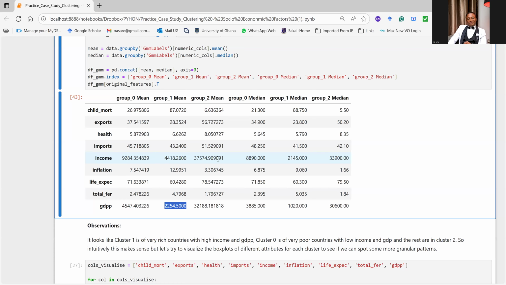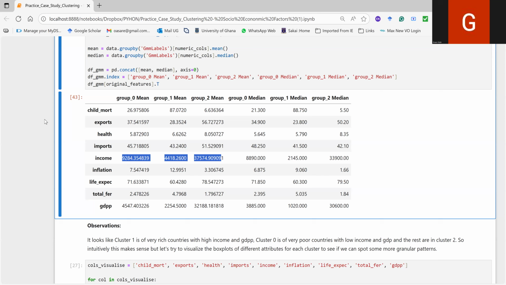When you look at income, which cluster is having the highest income? It's cluster 2. Which cluster is having the highest income? Is it not cluster 2?